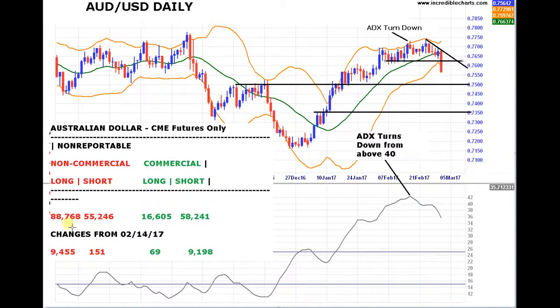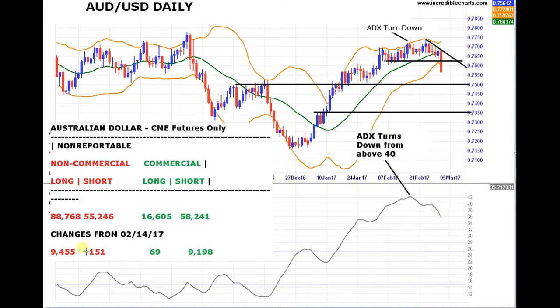In terms of non-commercials, they're long 88,768 Aussie positions, short 55,246. So basically they're just net long the Aussie by a bit. What's interesting to us though is they've just put 9,455 long positions on, and put 151 shorts on.